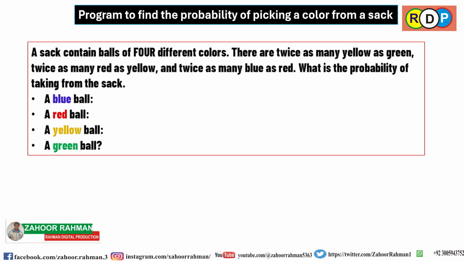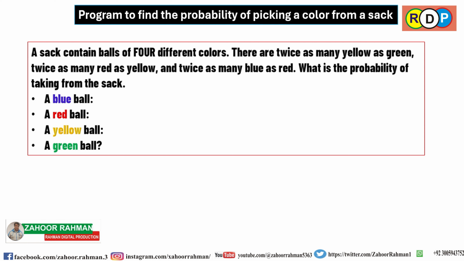What is the probability of taking from the sack a blue ball, a red ball, a yellow ball, and a green ball? The interesting thing is that we don't know how many balls there are inside the sack, but still we will be able to calculate the probability.